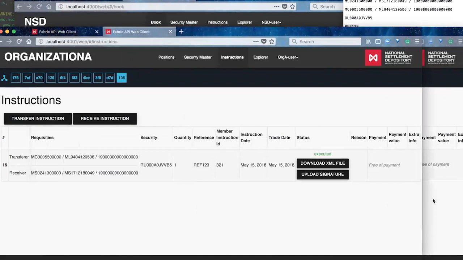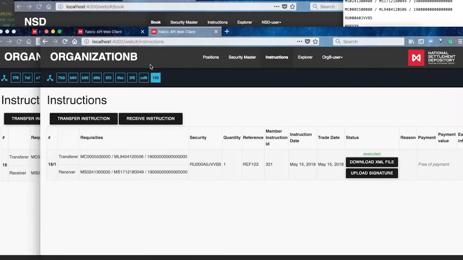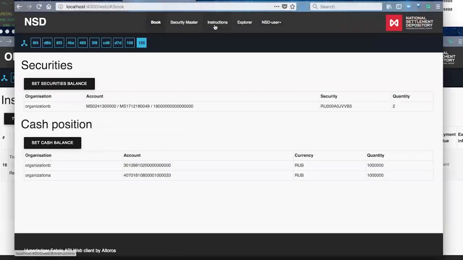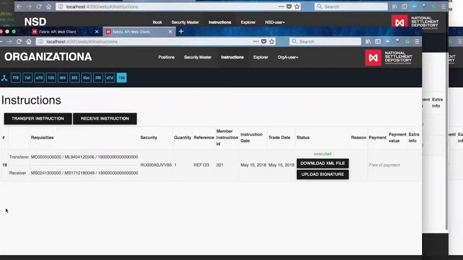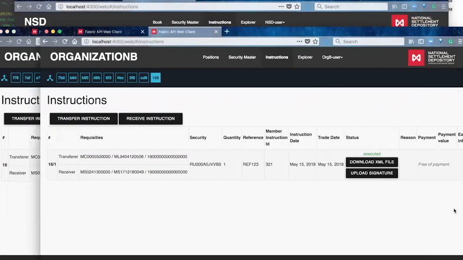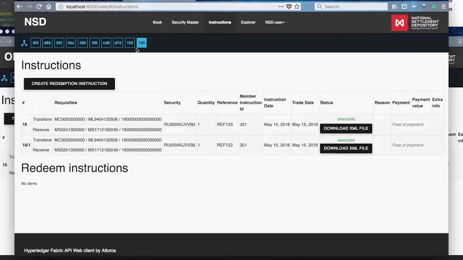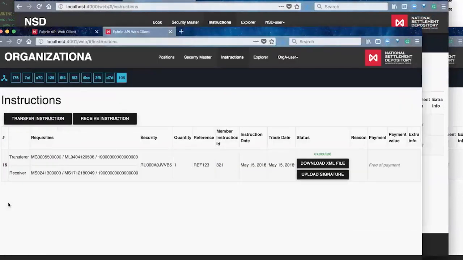And so we see that the status briefly goes to matched as the chain code is processing those two sides of the transaction, someone initiating a transfer and another party initiating a receipt command to the chain code. And then as soon as it's matched, it's translated to status executed.